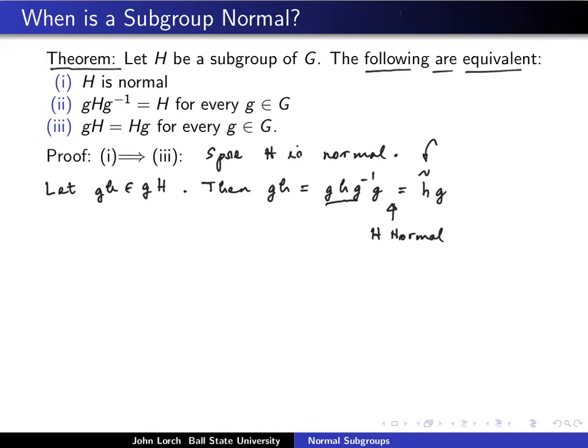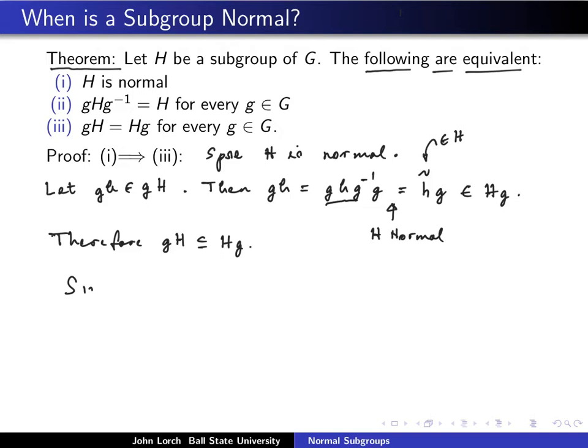So that thing there is a member of H. And this product then is in the right coset of capital H by little g. So therefore, the left coset gH is contained within the right coset Hg.